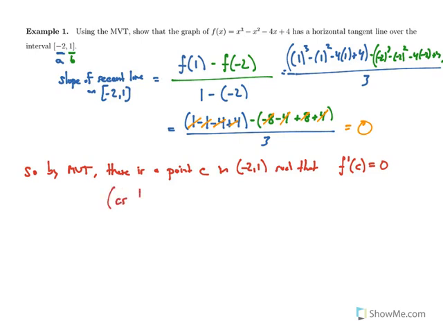Or we could say there is a horizontal tangent line at c. And that answers the question. We showed that there is a point where there's a horizontal tangent line.